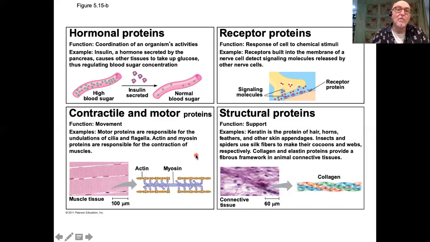Next, all movement in the cell and by the cell arises because of these proteins, the contractile and motor proteins. It doesn't matter what kind of movement you're talking about. Well, let's think, for example, about the movement of an amoeba. You remember that amoebae are single-celled. They creep around on the substrate by extending out what are called pseudopodia.